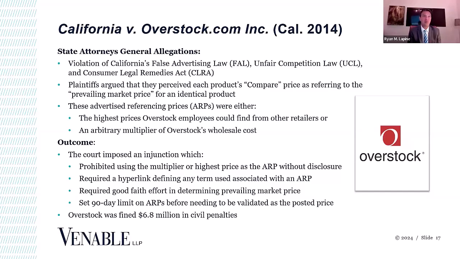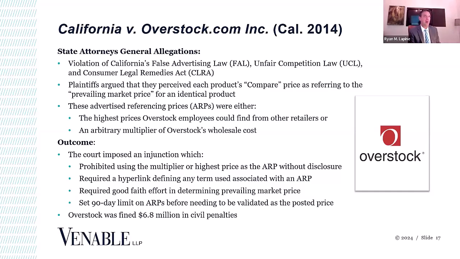And so, when you're driving around for gas, there's always going to be one gas station that's $2 a gallon higher, and you don't really know why. They were looking for that proverbial gas station with all of their comparison pricing, and it turned out not to really be reflective of the market. And finally, they were engaging in a formula where they were simply multiplying what they were charging, and saying that multiplier was the list price.